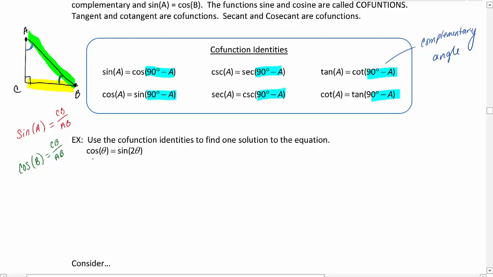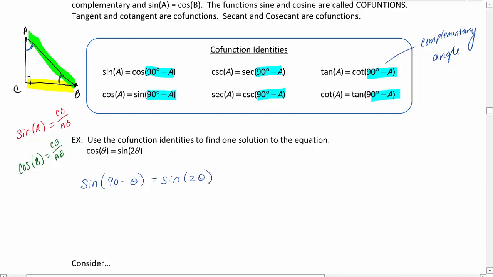I'm going to change the cosine of theta to sine. Our cofunction definition said that cosine of A is equal to sine of 90 minus A. So this cosine of theta I can replace with sine of 90 minus theta. And then our other side stays the same.